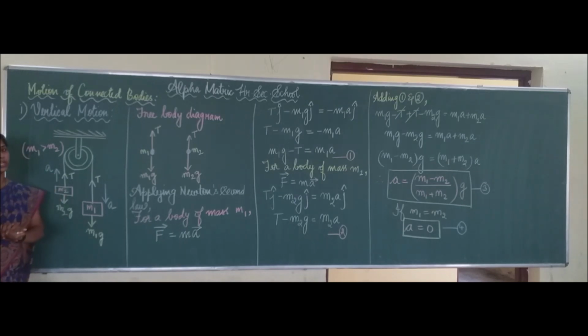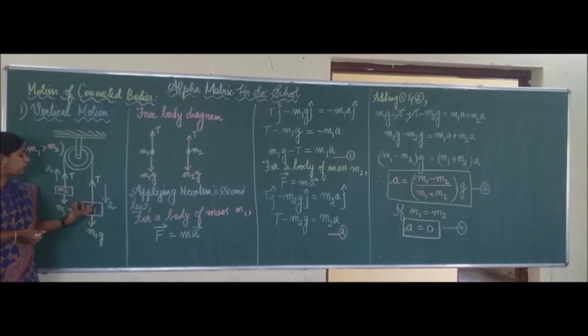In vertical motion we consider two blocks of masses M1 and M2, where M1 is greater than M2. These two masses are connected by an inextensible string that passes over the pulley. T is the tension acting along the string and a is the acceleration.